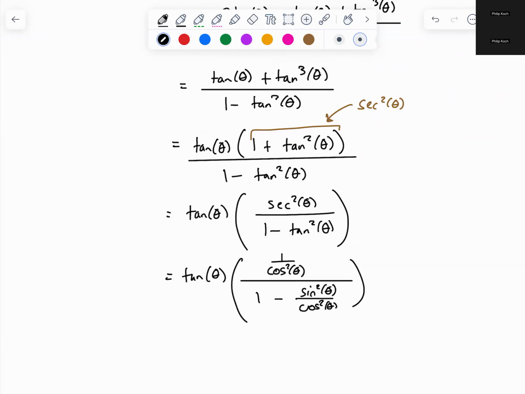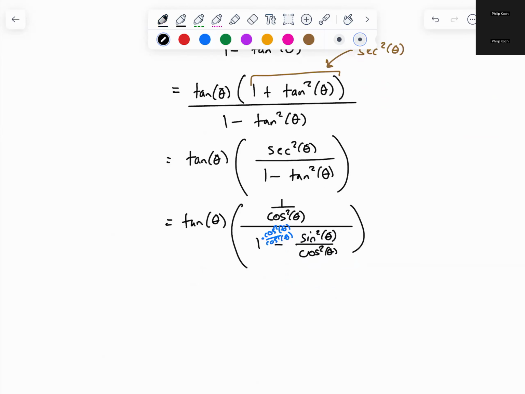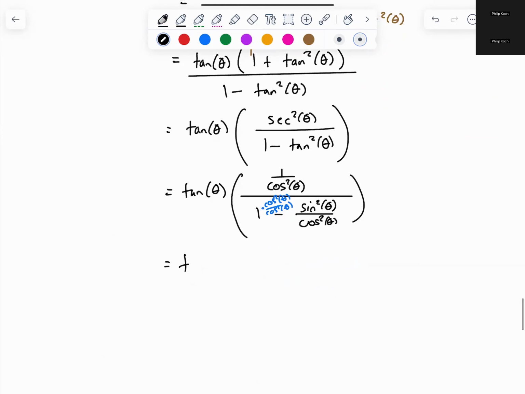Okay, and then what should I do? Common denominator in the big denominator. So I'll multiply this by cosine squared theta over cosine squared theta. And so I'm starting to see something form. Tangent of theta times 1 over cosine squared theta over, big bar, cosine squared theta minus sine squared theta, all divided by cosine squared theta.